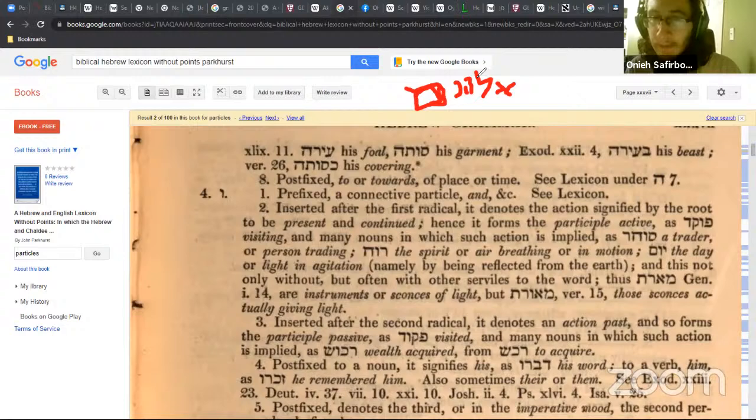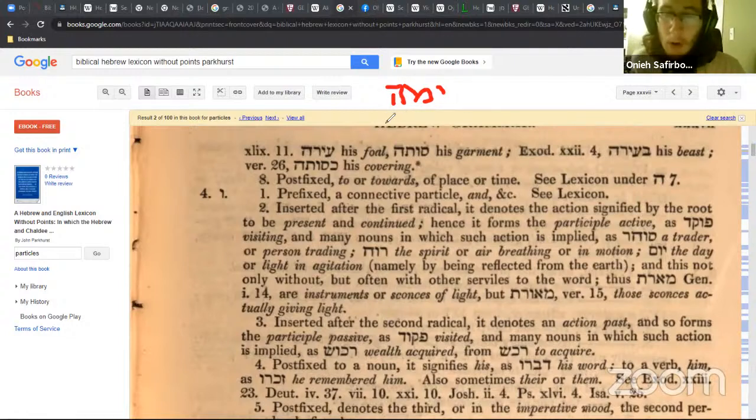However, you can also say it as yod mem hey at the end. And hey at the end of a word can mean "-wards," W-A-R-D-S. So, towards something.